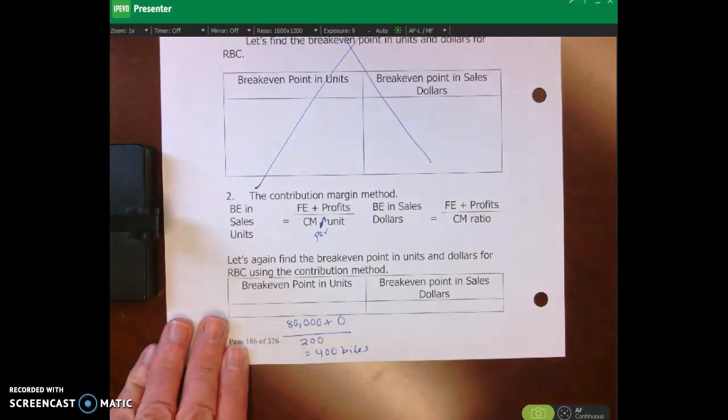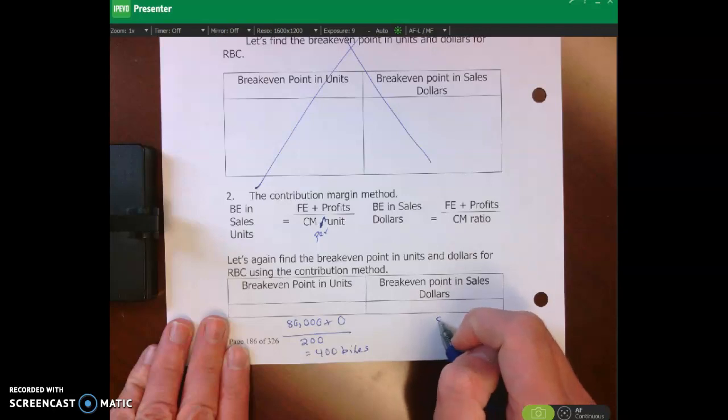In terms of sales dollars, how could we get that? Well, we can use this formula, but also because we only sell one bike, what we could do is just take the 400 bikes times the sales price per bike, which we know is $500. So the 400 times the 500 gives us 200,000.